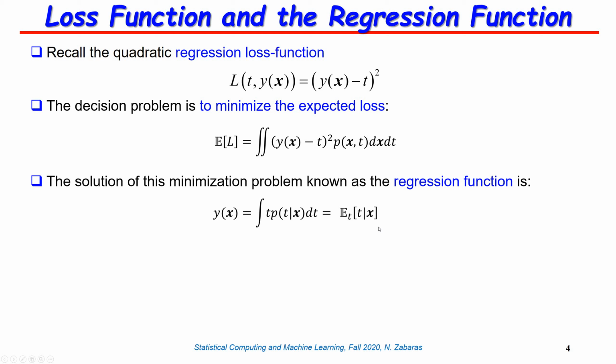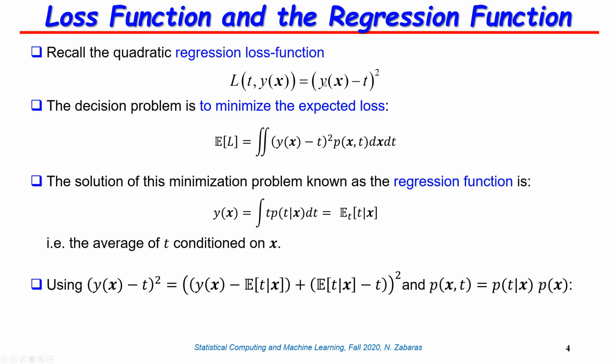Later on, we will see this in the context of Bayesian predictions. Basically, we're going to have something very similar, but the optimal solution is the expected value of t given x. So this is the optimal desirable regression function. Okay, so let me do some calculations now by using this optimal regression function. What I'm going to do is take my loss function.